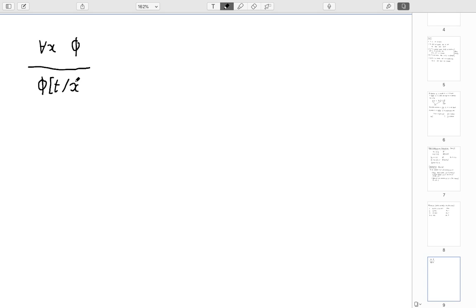So here we remove the quantifier, we then look to see what the free occurrences of x are. It's the free occurrences of x in phi, not in for all x phi, because in for all x phi all the occurrences of x are bound. But this is the free occurrences of x in phi. And this is called for all elimination. Okay, so let's continue with our proof.